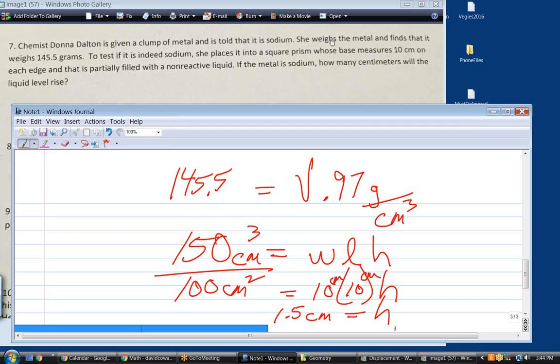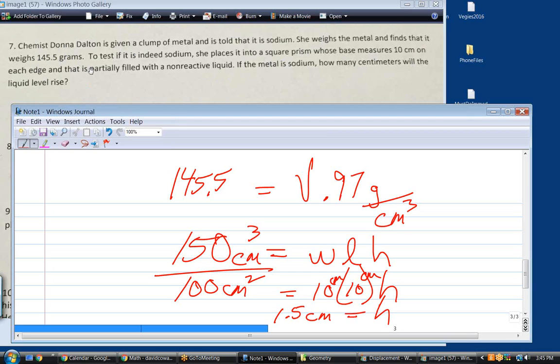Now let me just make sure I didn't miss something in there. Yeah, because if it wasn't sodium, it wouldn't weigh that much for the same volume.